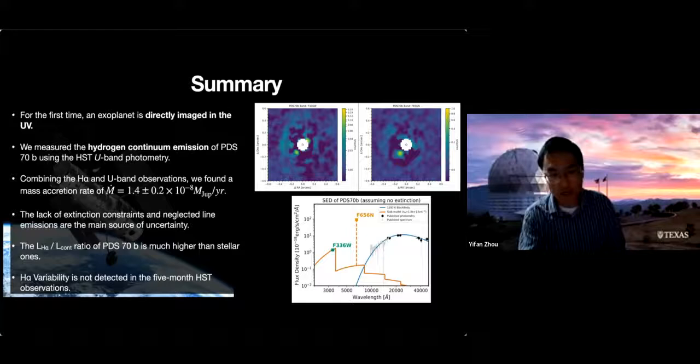Our time-resolved observation didn't see evidence for H-alpha variability, although the precision of our light curve is still quite low. So I think it's encouraging to have a dedicated monitoring program to monitor whether the planet is variable or not. So that's all for my talk. Thank you very much for your attention. I would like to take any questions.